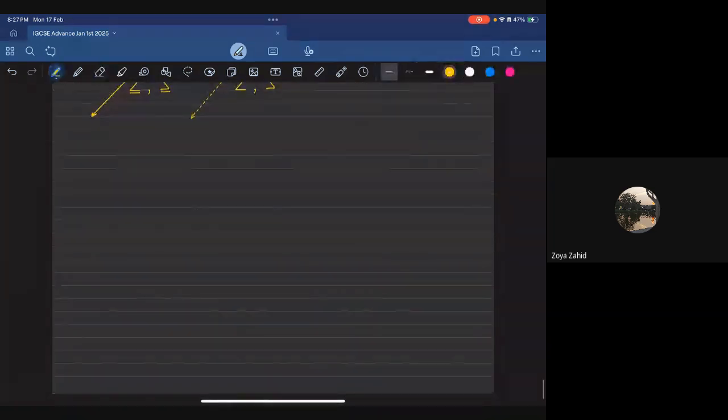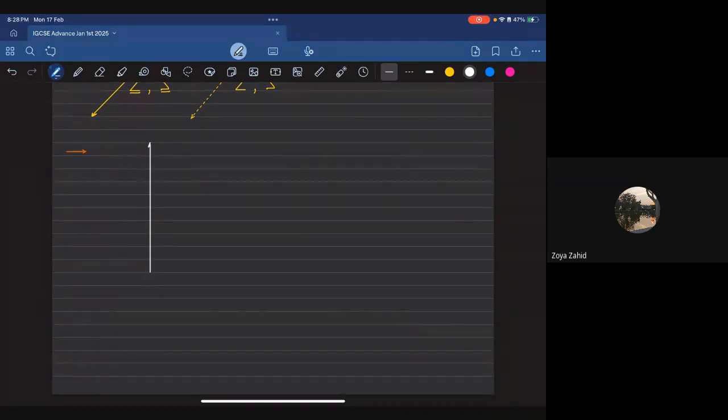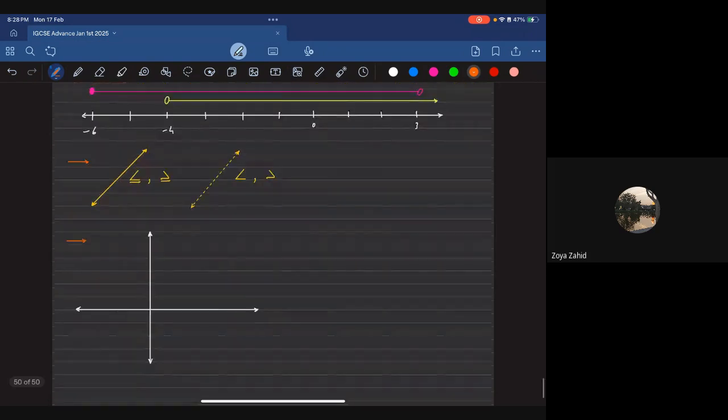Now, let's move on to graphs. They're easy too, they're not that hard. Imagine a line like this, and let's just say that this is y is equal to x something.